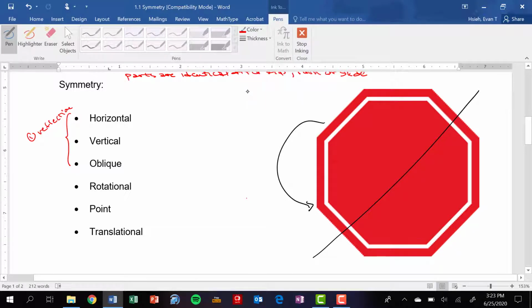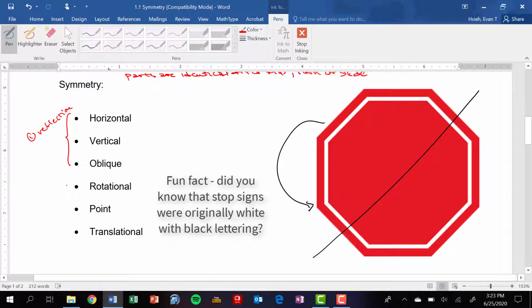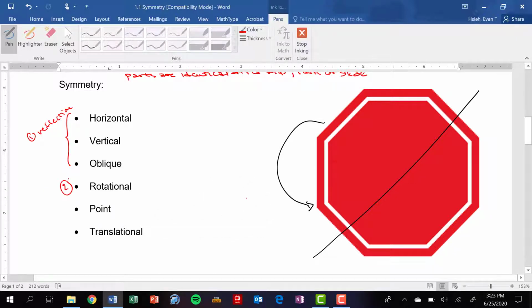The next type is what we call rotational symmetry, and that is when you rotate the figure to the point where it looks identical to the original. A specific type of rotational symmetry is point symmetry. That is when you rotate a figure 180 degrees and it looks identical.